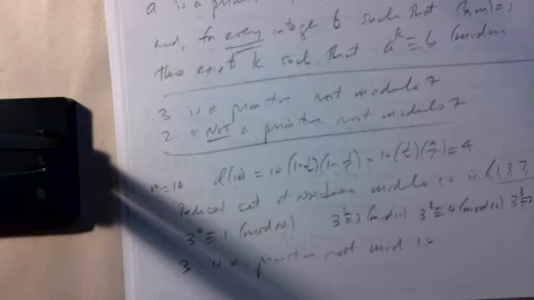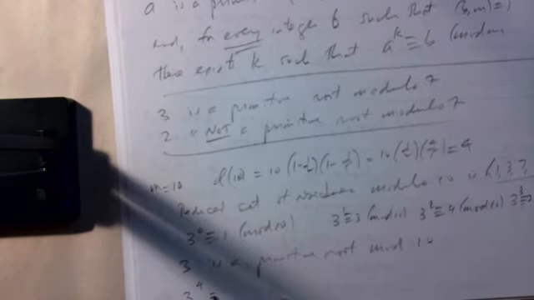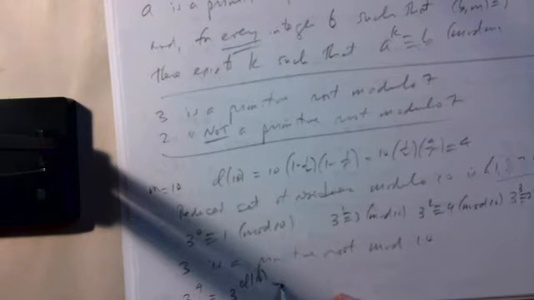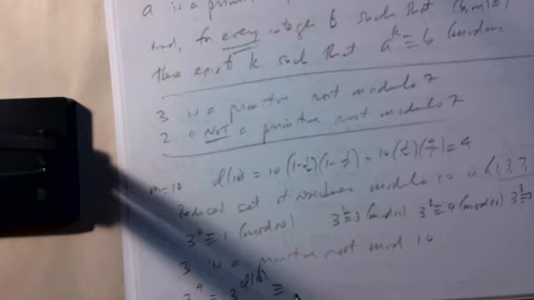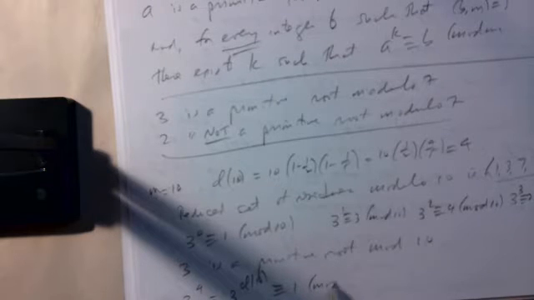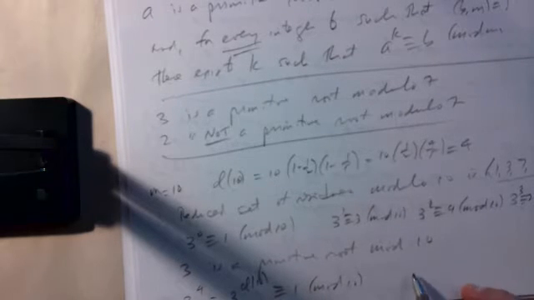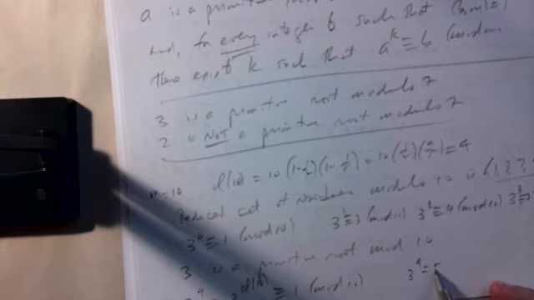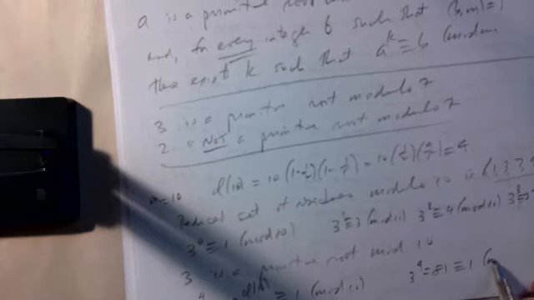What happens if you take higher powers of 3? Well, 3 to the 4th, that would be the next power. But 4 is phi of 10, so that's 3 to the phi of 10. And we know by Fermat, we don't even have to do the calculation, this is congruent to 1 mod 10. Of course, 3 to the 4th is 81, which is obviously congruent to 1 mod 10.